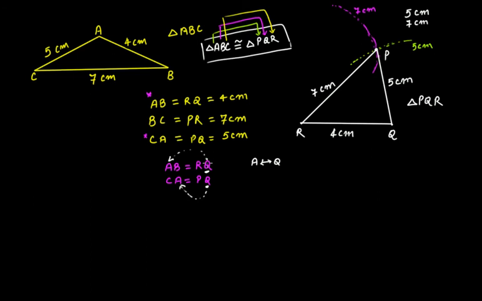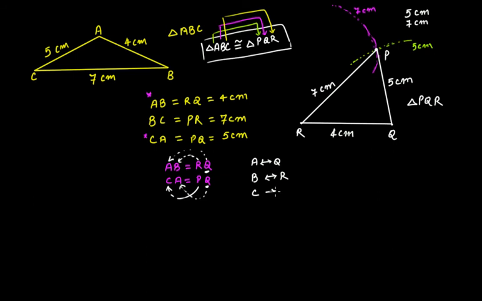Now, since in this case Q is the corresponding vertex for A, it means that R and B are corresponding vertices, right? So B and R are corresponding vertices, and from here we can say that P and C are corresponding vertices.